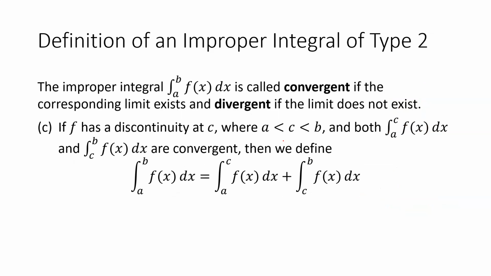And then the third possibility is that we have a vertical asymptote that occurs somewhere in between a and b. If a function has a point of discontinuity at a point c, where c is in between a and b, then we can consider the two integrals from a to c and from c to b separately. And if each of these converge, then their sum will converge to the value of the integral from a to b.